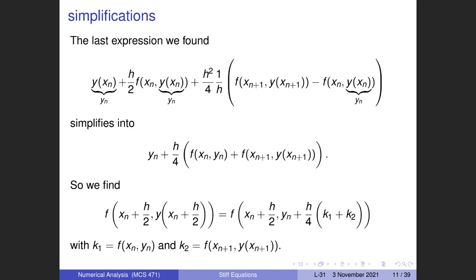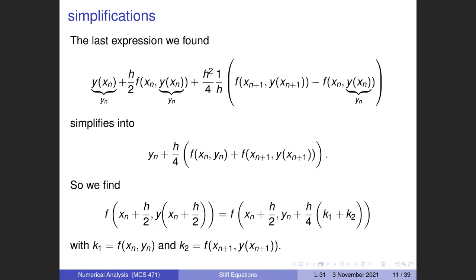We find an expression for the function value at the midpoint, where we take xn plus half of the interval, and we also evaluate y at xn plus half of the interval.